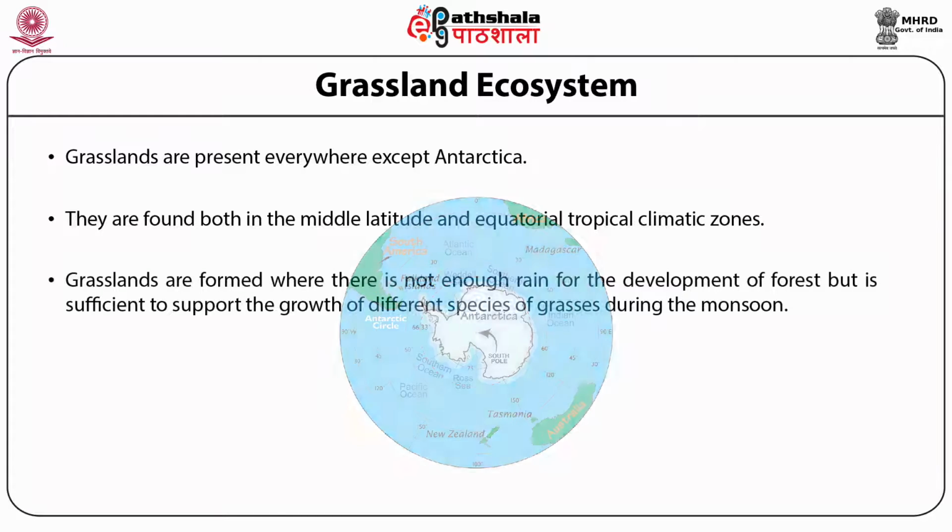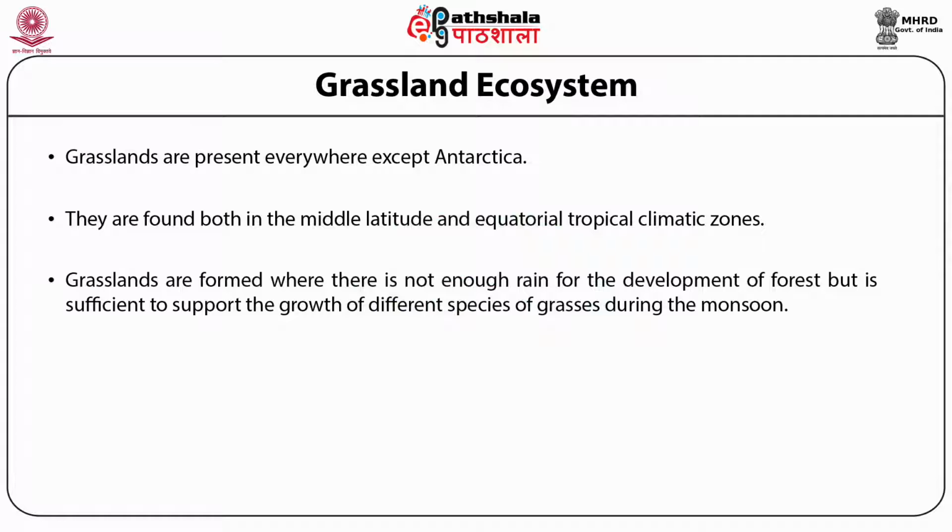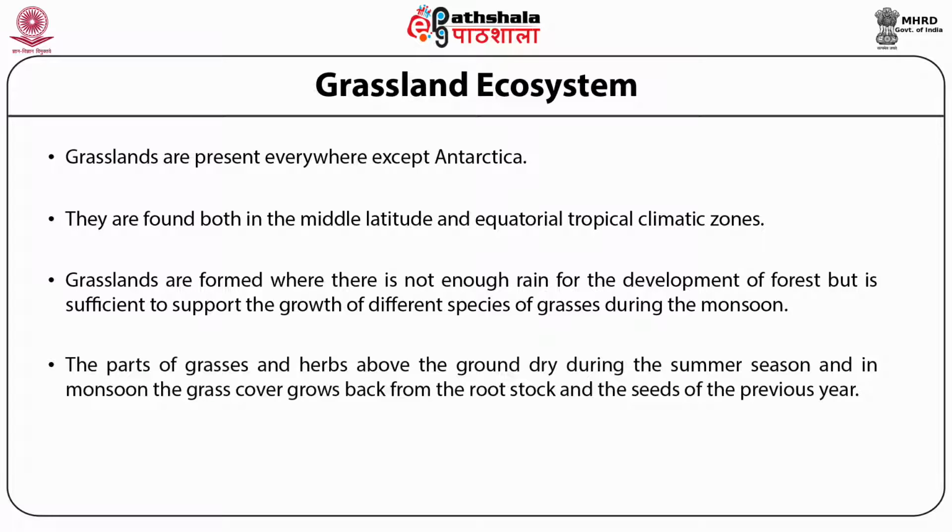Grasslands are formed where there is not enough rain for the development of forest but sufficient to support the growth of different species of grasses during the monsoon. The parts of grasses and herbs above the ground dry during the summer season, and in monsoon the grass cover grows back from the root stock and the seeds of the previous years.